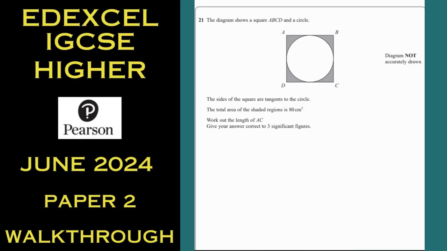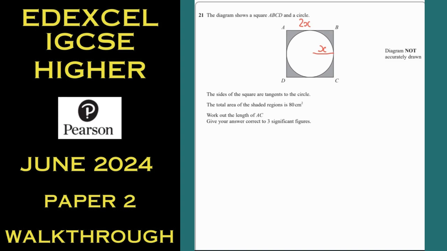Question 21. So we don't know the radius. When it comes to circles, it's always nice to know the radius, and we just don't know it. I'm going to call the radius x, which will mean the box, the square, is 2x by 2x. So we can now make a statement.